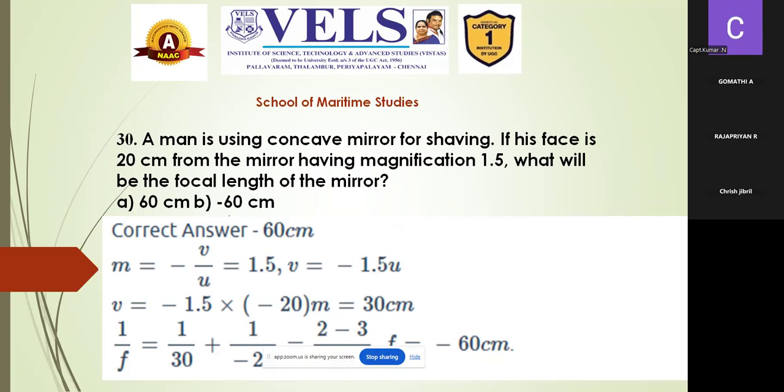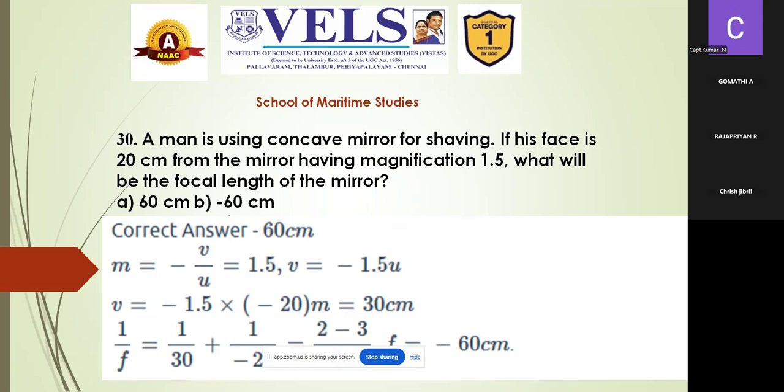The magnification of the mirror m is equal to minus v by u. u is the distance of the object, v represents the distance of the image. The magnification value is 1.5. So 1.5 is equal to minus of v by u.